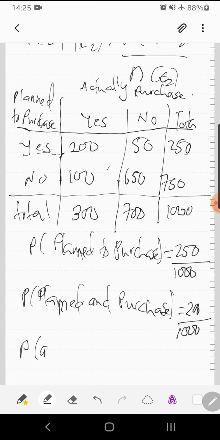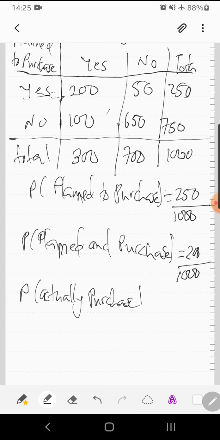Those that actually purchased, given that they planned. So we want to find the probability of those that actually purchased given that they planned.